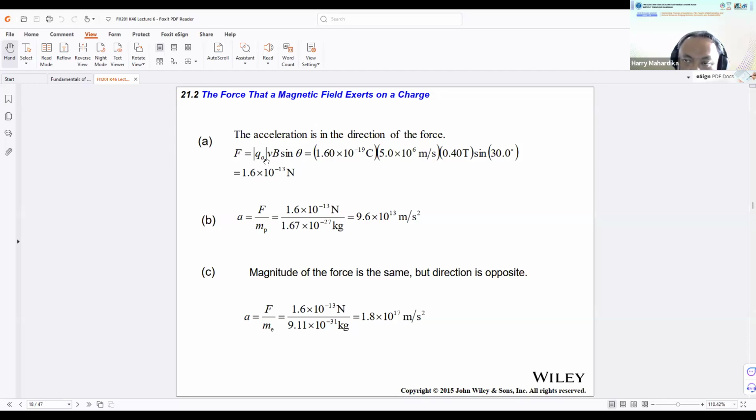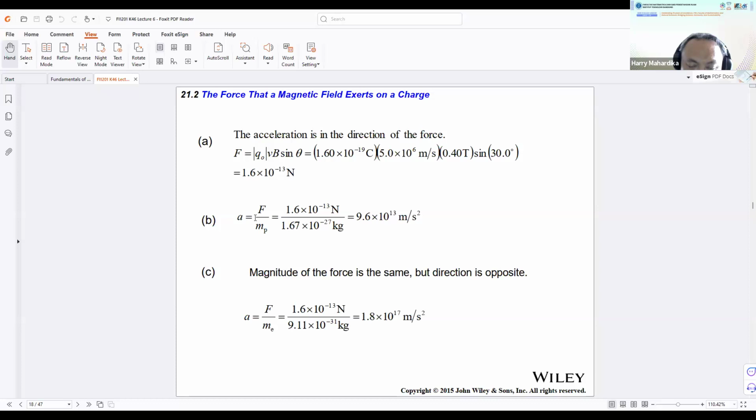We now know the value of the magnetic force, and the same force is applied to move with different directions. In order to change the direction of the velocity, we need to have acceleration. So to find acceleration, we use F = ma that we learned in physics 1.